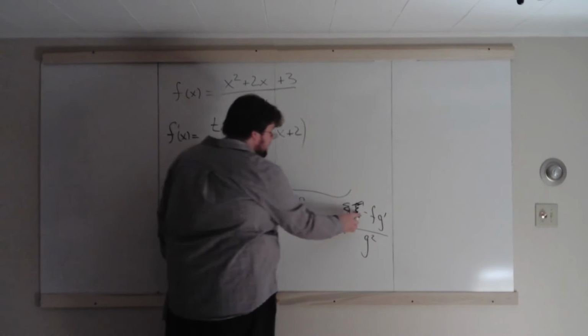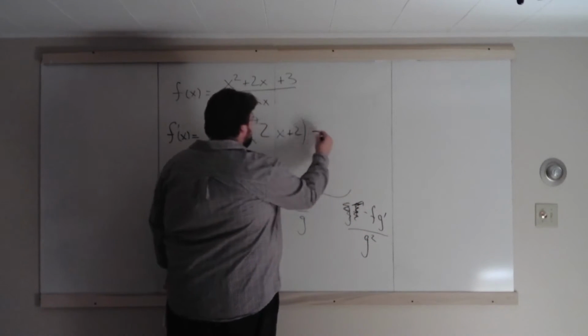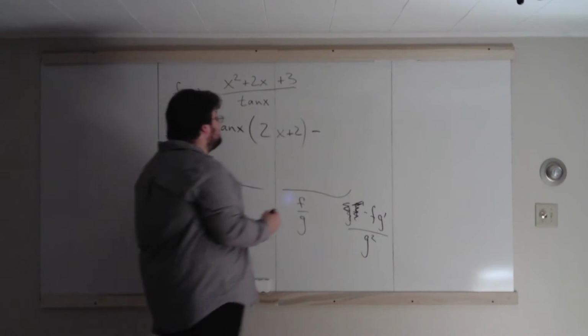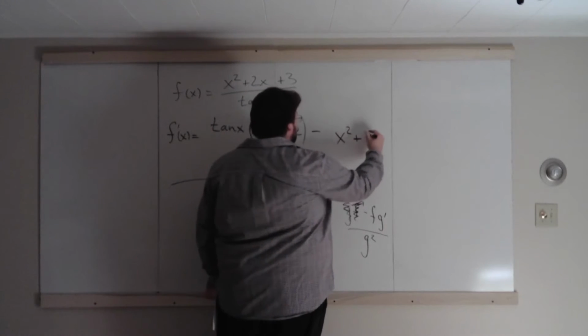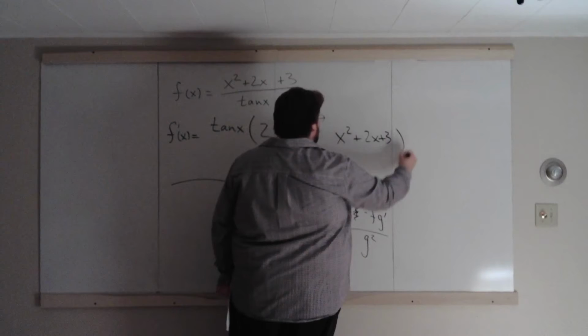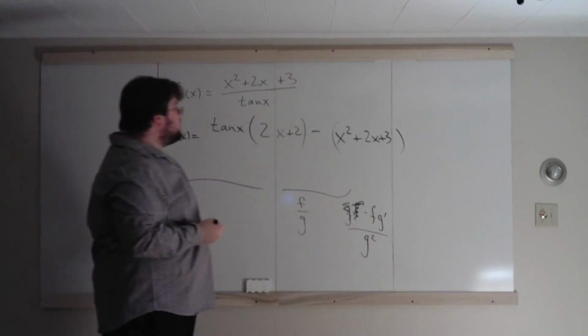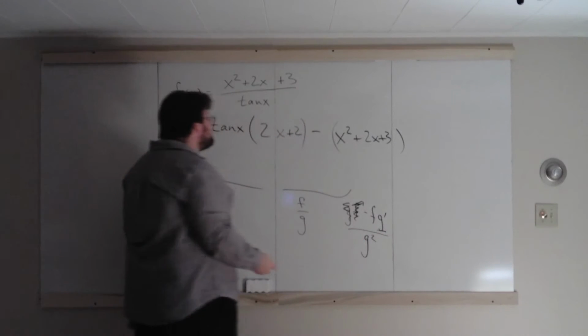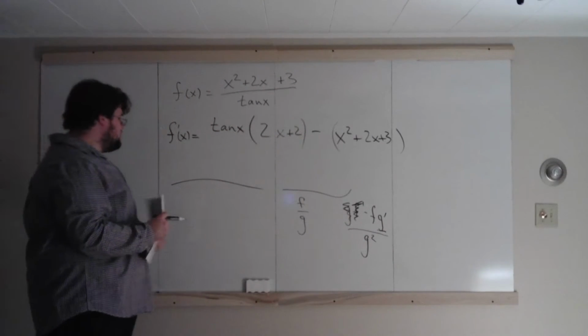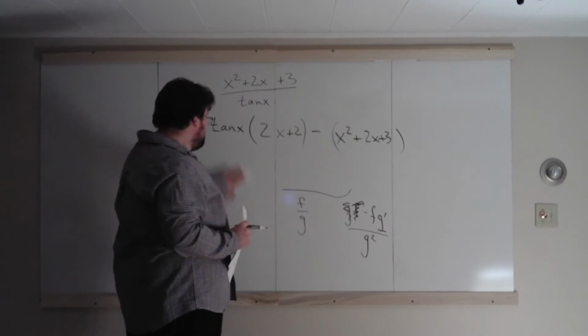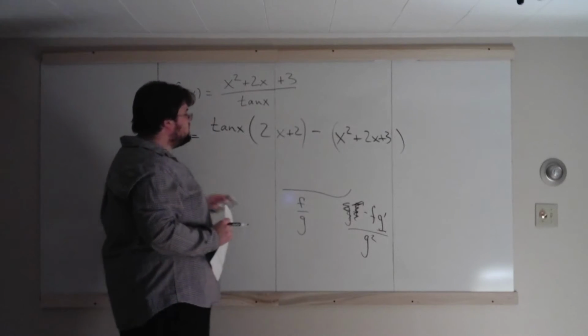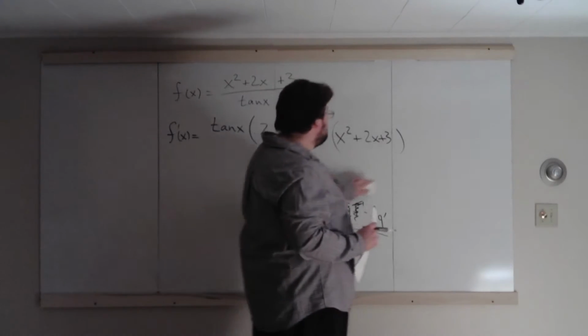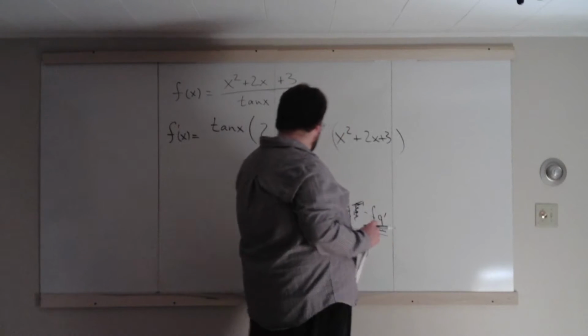So we have bottom derivative top minus top. So let's write that, minus top, times the derivative of the bottom. So what's the derivative of the bottom? Well, the bottom function is tangent. The derivative of tangent was given over here somewhere on that initial board.